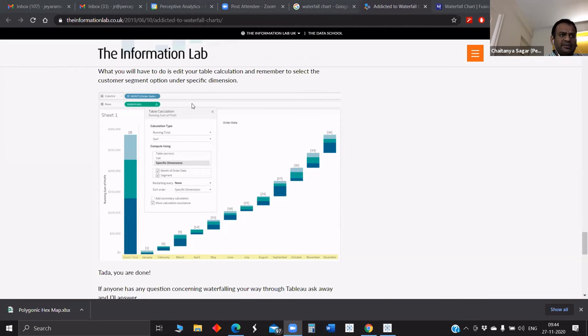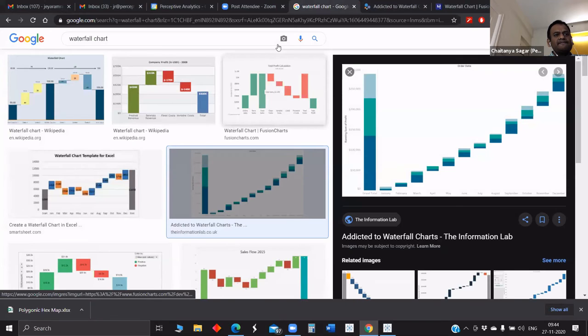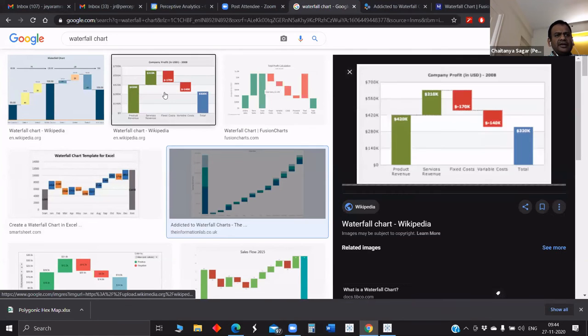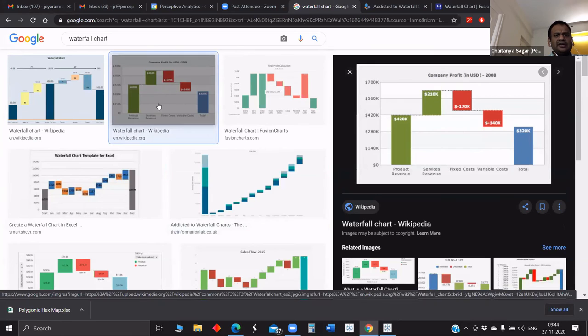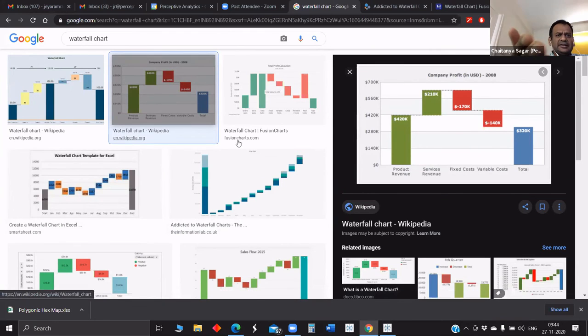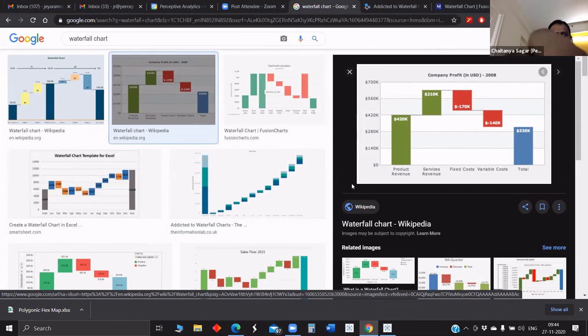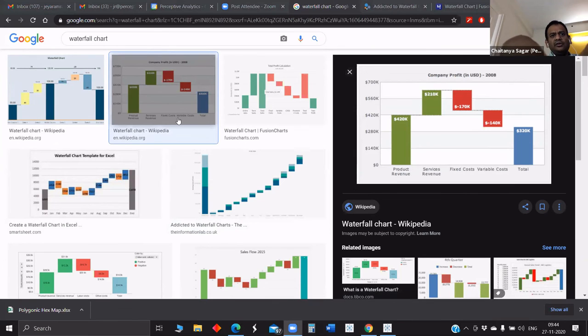I think we saw that previously, right? So maybe Jairam, if you can go to one of the Google results again. This is a good example. You can see product revenue, and then services revenue, which has picked up where product revenue left off, and it goes up.